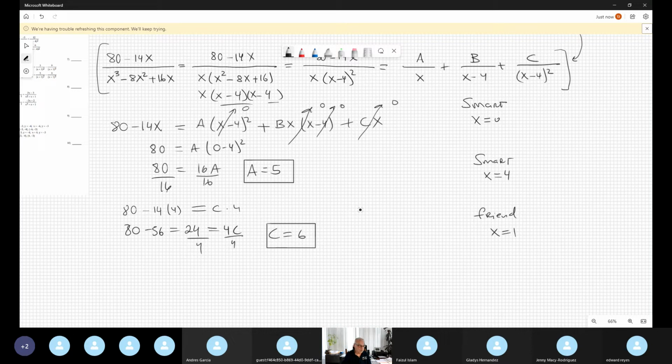I suppose that 1 is easy. So 80 minus 14 is equal to, now I copy A, 5, and we have 1 minus 4 squared, because x I suppose is 1, plus B, I have no idea, B times 1, times 1 minus 4, parentheses, this is 4, sorry.